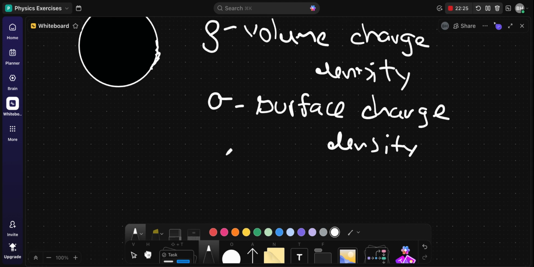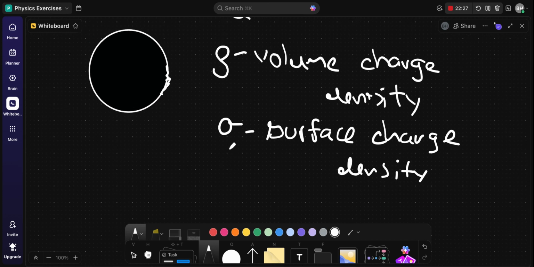Now the point here is that the total charge on this sphere, so let's just play with that first. The total charge on this sphere is equal to, well, it's going to be the volume charge density.